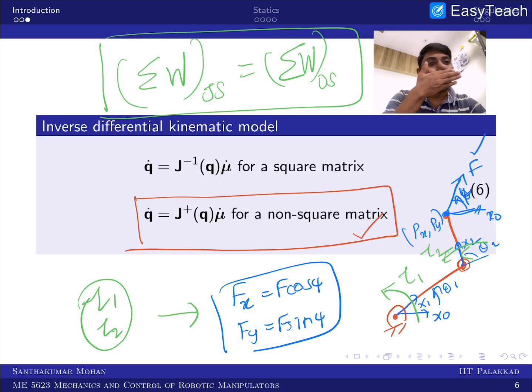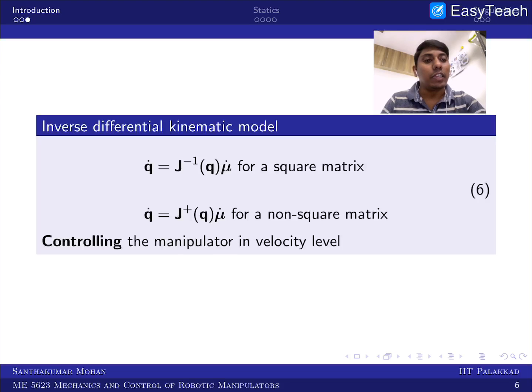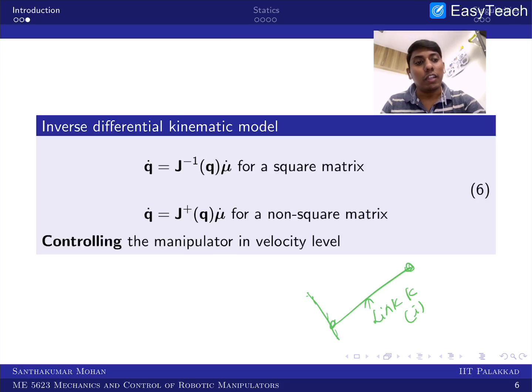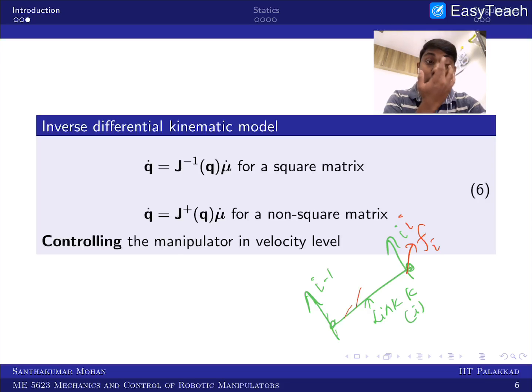And further, one more thing you can see. I'm just taking a body, and if this body is link k, or link i, whichever way you see it, it would be associated with frames i minus 1 and i, and I assume there is a force acting here, which I call Fi. Then Fi with respect to frame i, if I know it, this is the single link.